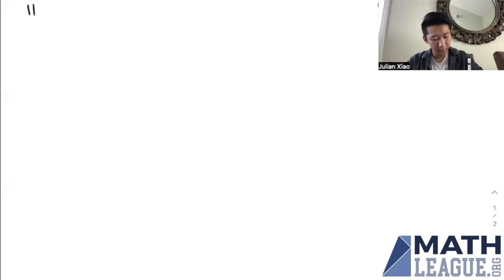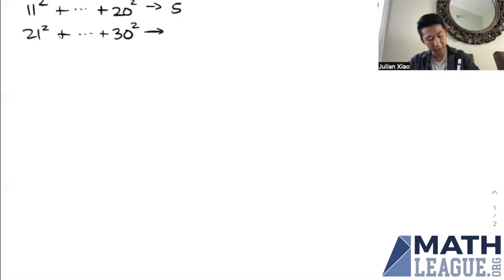And if I take the sum from 11 squared all the way to 20 squared, that also has a units digit of 5. And if we use the same pattern as before, this also has a units digit of 5. I don't want to keep writing this because we have way too many rows of this.